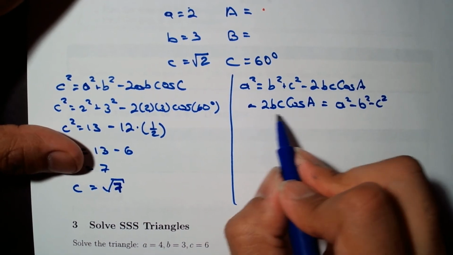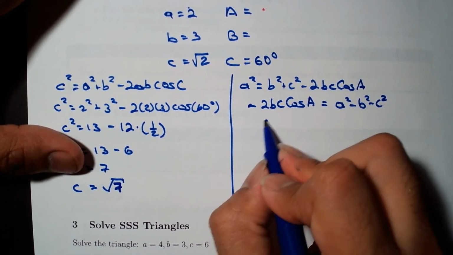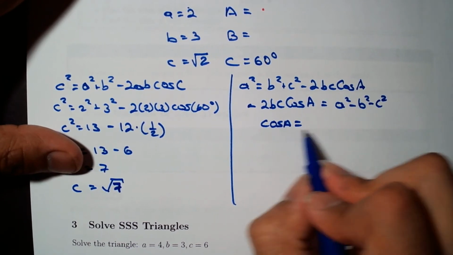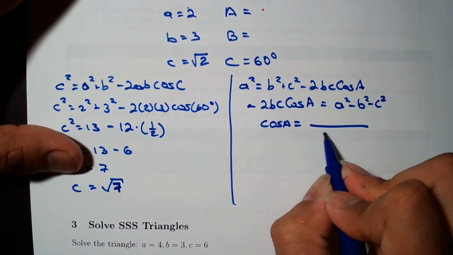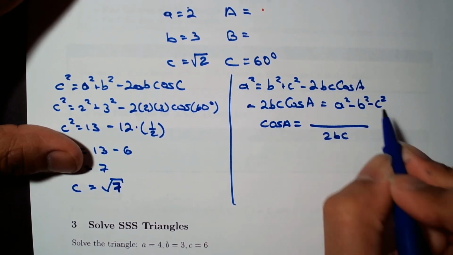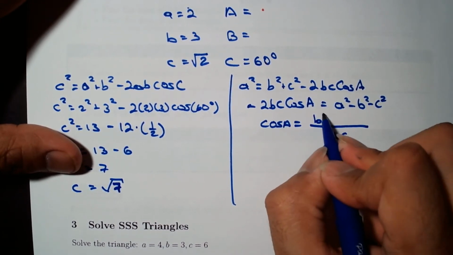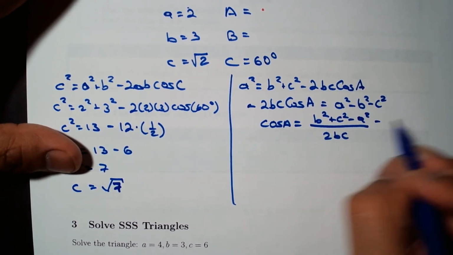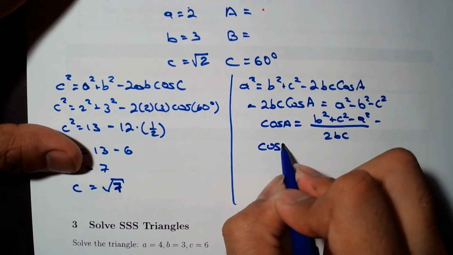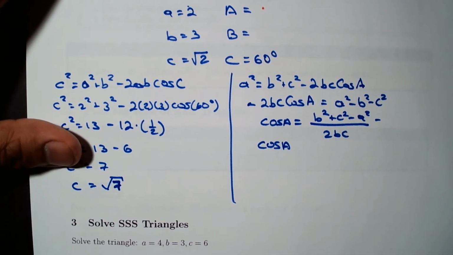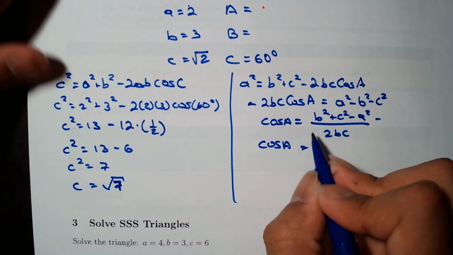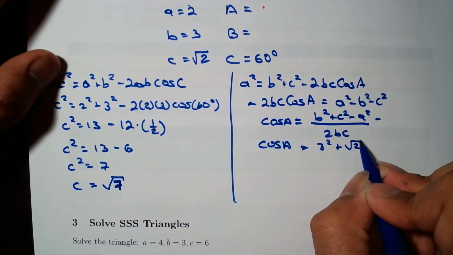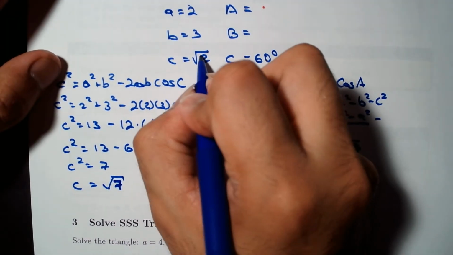And then I'm going to divide both sides by negative 2BC to get cosine of A equal to, since I'm dividing by a negative 2BC, I'm going to change the sign of everything here, B squared plus C squared minus A squared. And in this case, cosine of A is going to be B squared, which is 3 squared, plus C squared, which is the square root of 7, not 2.